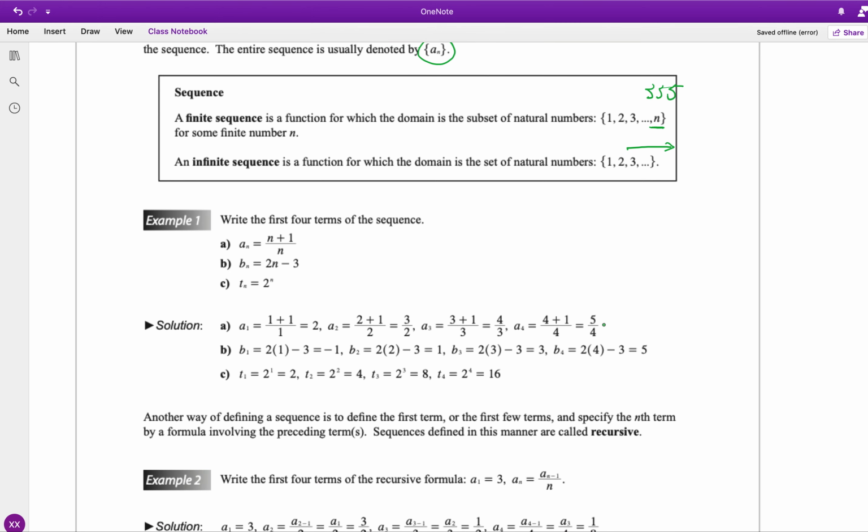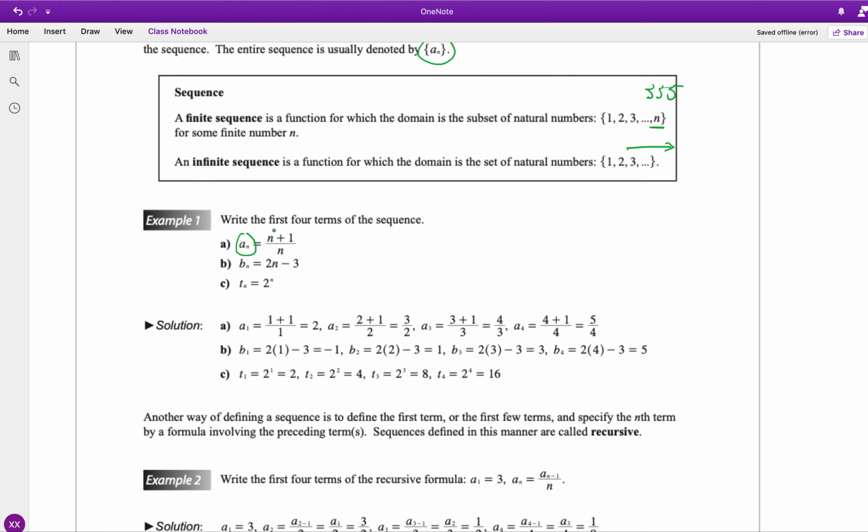Now, just a couple of examples to show you the difference between a term number and the term value. For example, An equals n plus 1 divided by n.